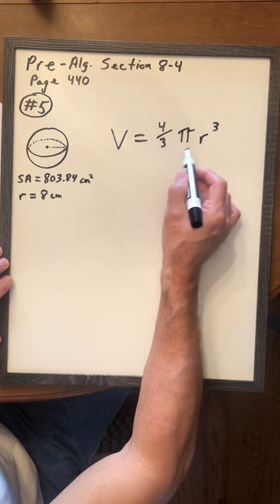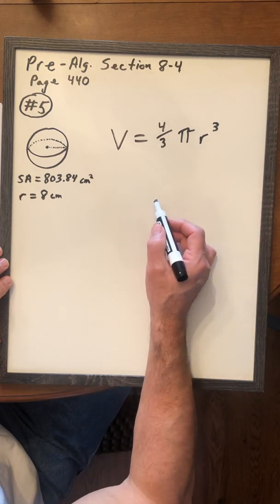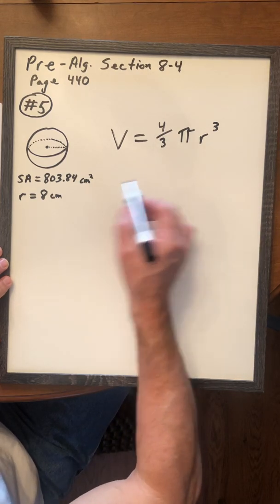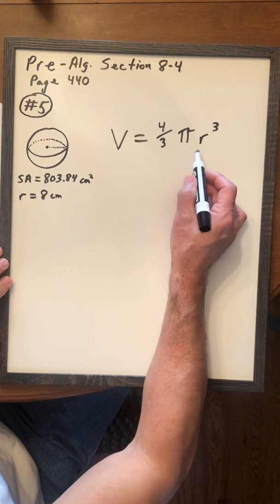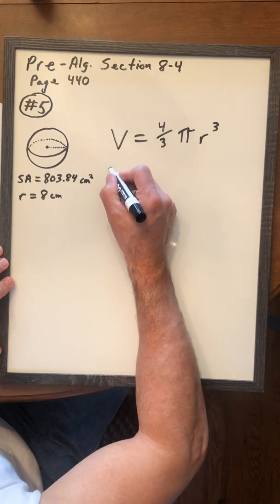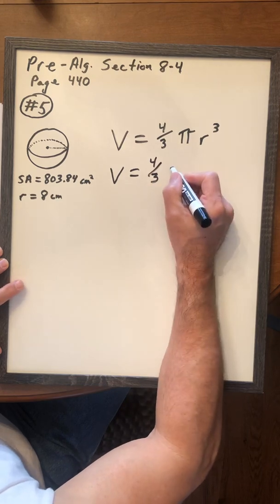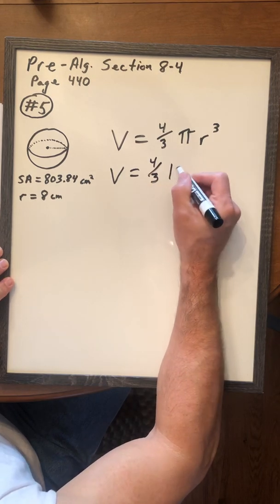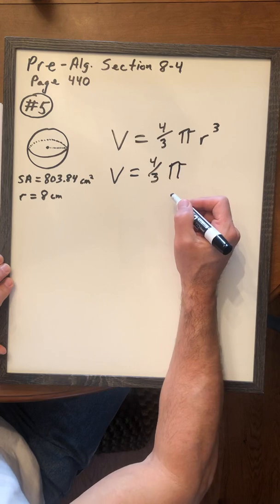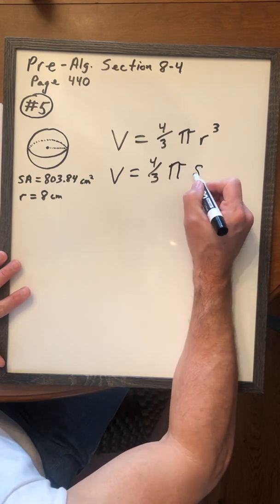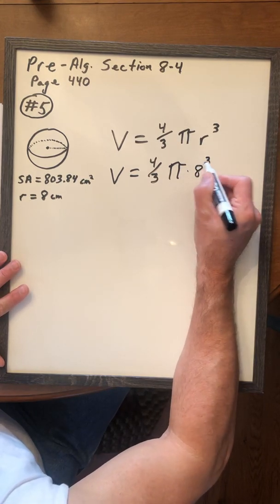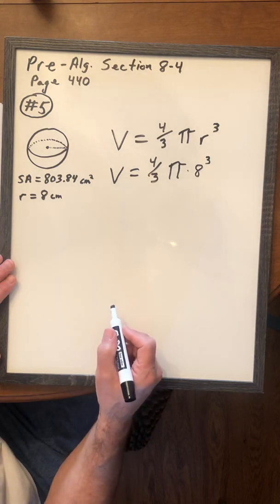Volume equals 4/3 pi r cubed. Now I can take my radius, plug that in, and then I can find my volume. So now I plug in the radius. So I've got 4/3. I'm going to leave pi in there for right now. And then I'm going to put in my 8 for the radius, and then I've got to cube that.